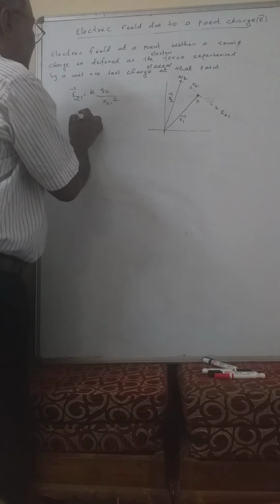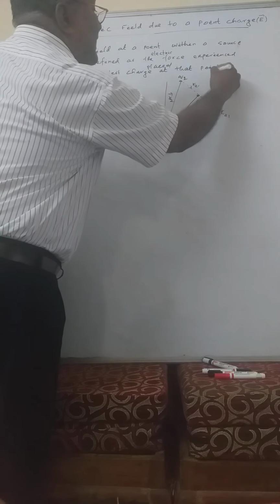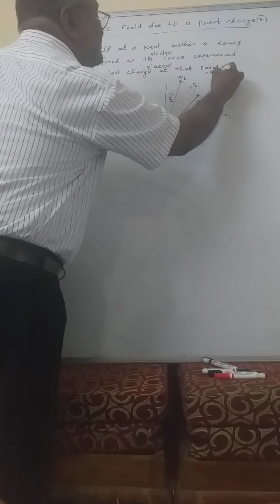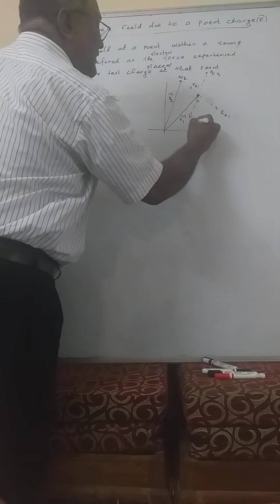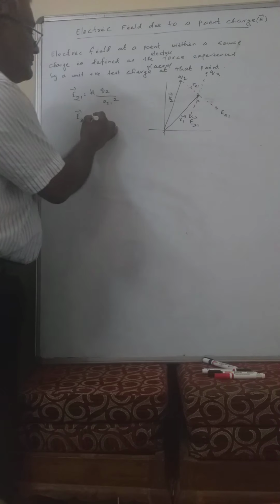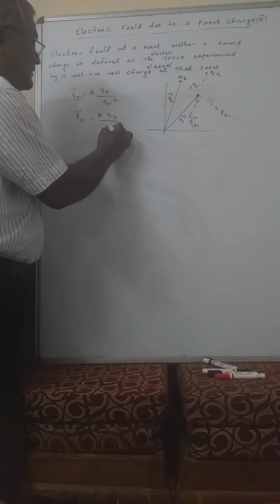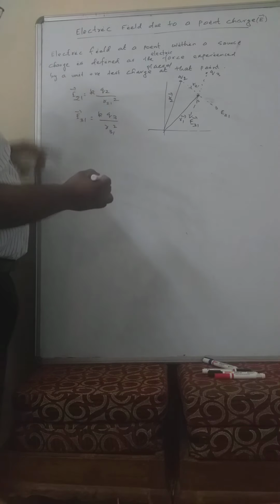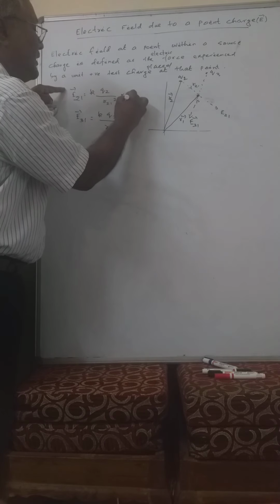Similarly, E31, electric field due to the third charge. Suppose this is third charge Q3, the direction of field will be like this. This is E31. How much will it be? K Q3 by r31 square. But this is a vector, so we have to give an r21 cap.